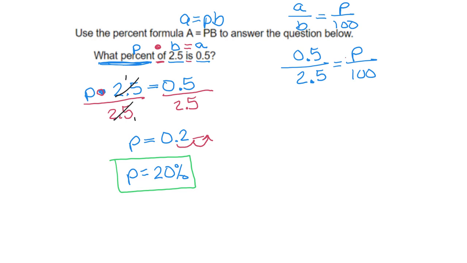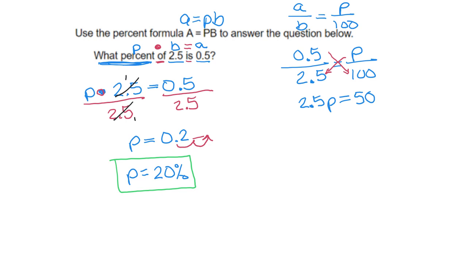And what we'll do now is called a cross product. We take P, the numerator, and multiply it by the denominator of the other fraction. And we take the numerator of the first fraction and multiply it by the denominator of the second fraction. All right, so 2.5 times P is just going to give you 2.5 P. And 5/10 times 100 is going to give you 50.